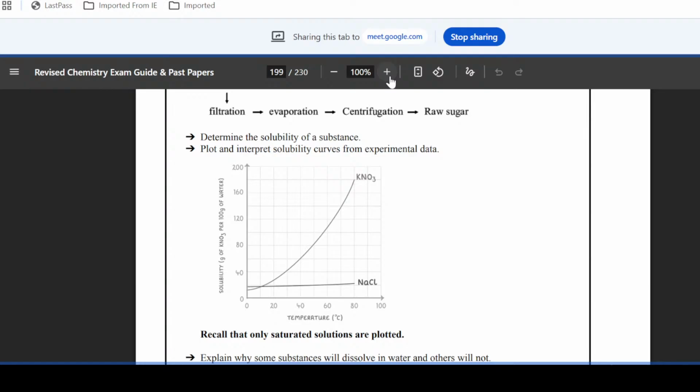Straight line is the only time you can use the terms directly proportional or inversely proportional. It has to be straight. Yes, you can say that. All right, so that's one thing.